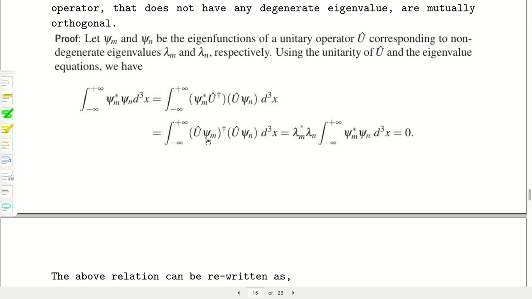In case of u psi m you can put lambda m psi m, but as there is a whole dagger, lambda m star will come out and psi m star will be in the integral. Similarly here, lambda n psi n, lambda n comes out of the integral.